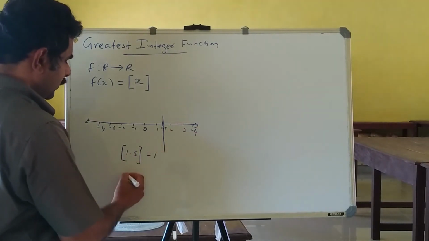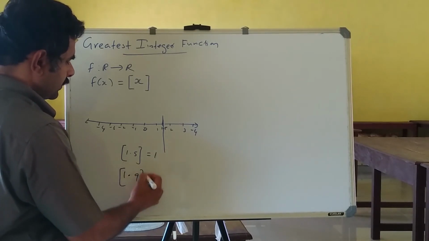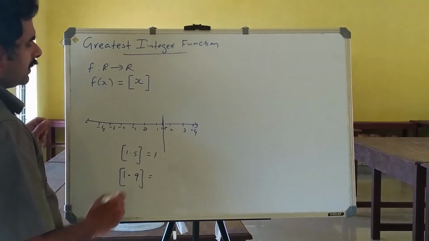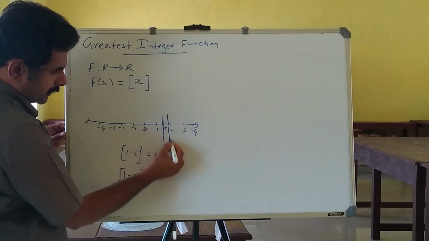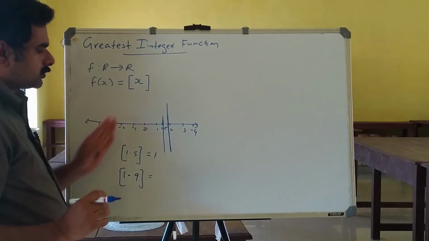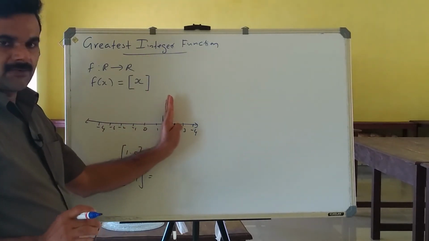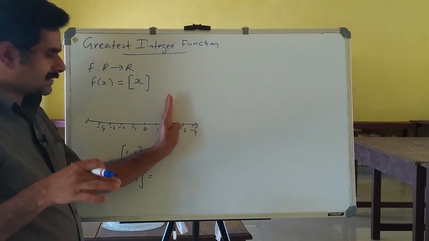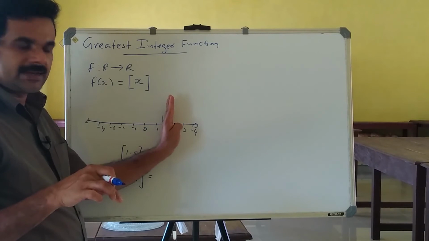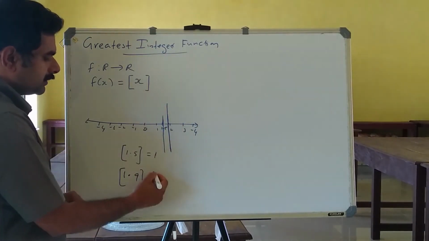Then what will be the greatest integer value of 1.9? 1.9 means just left of this 2. You stop here, and what is the greatest integer up to 1.9? That is also 1, isn't it?